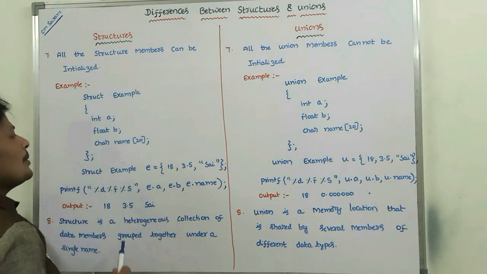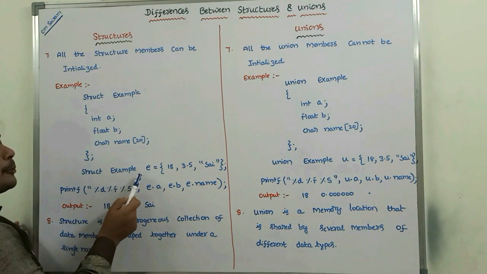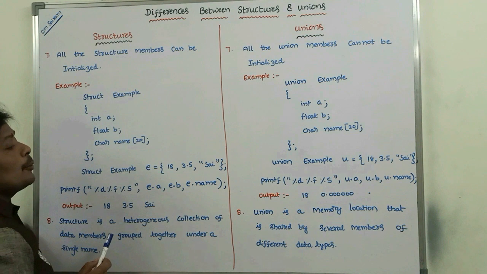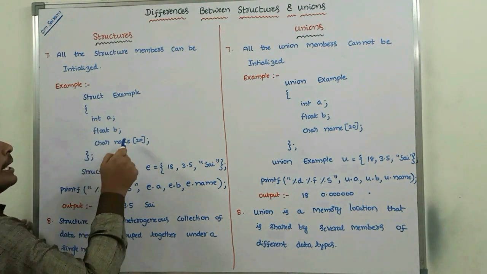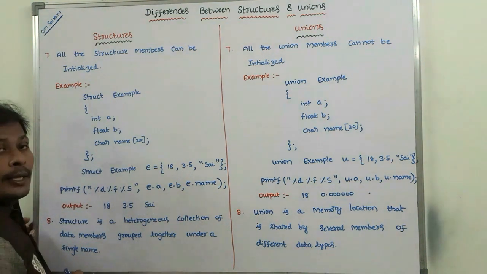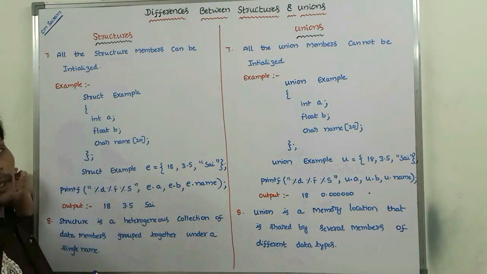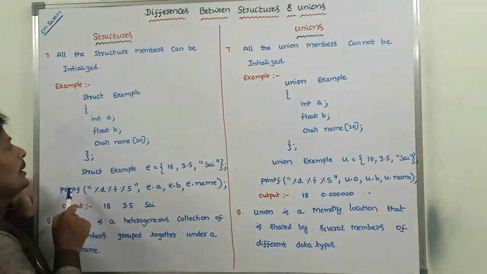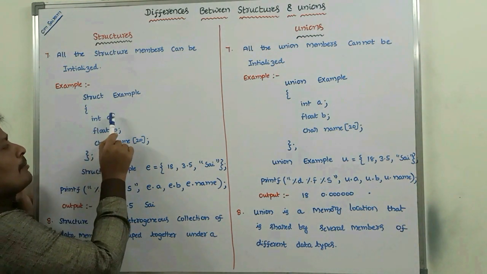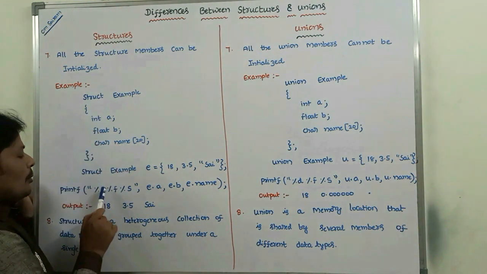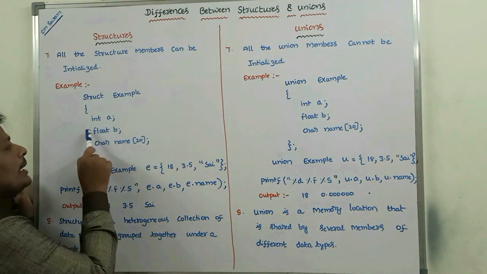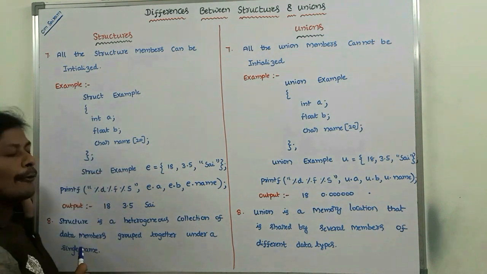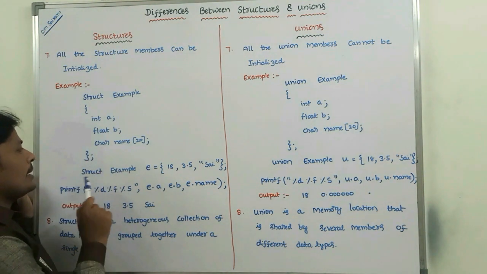Next we have to print those values by using the dot operator. We are accessing all the data members of the structure by using the structure variable and dot operator. So printf: the first data member's data type is int, so we are using the format string %d. The second data member's data type is float, so we are using %f.